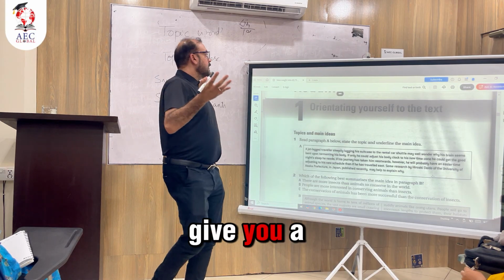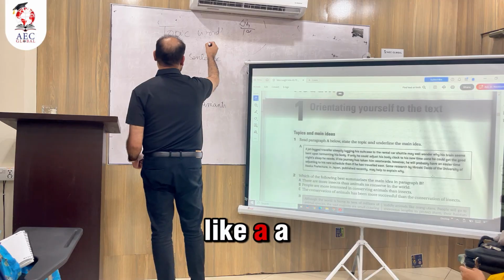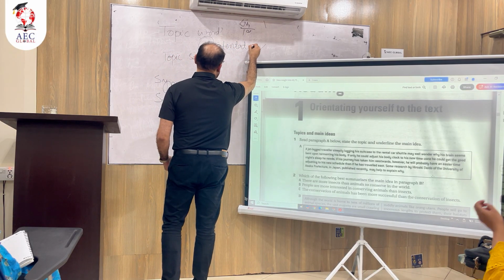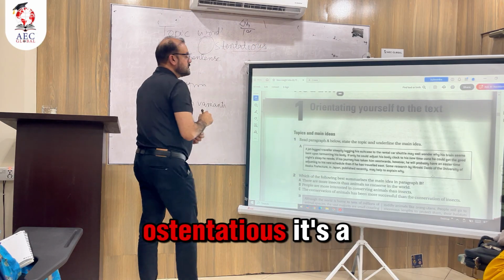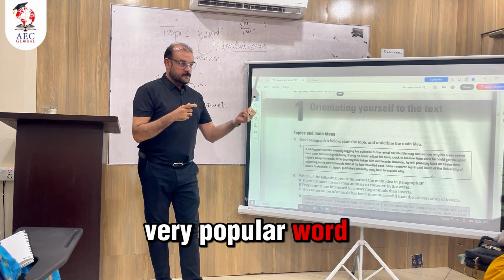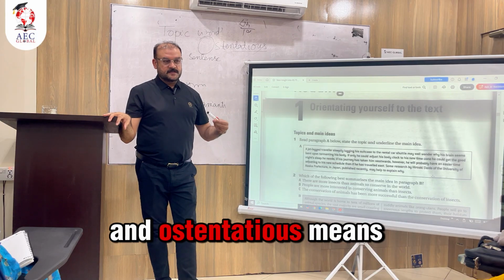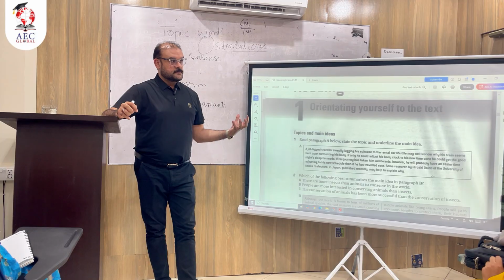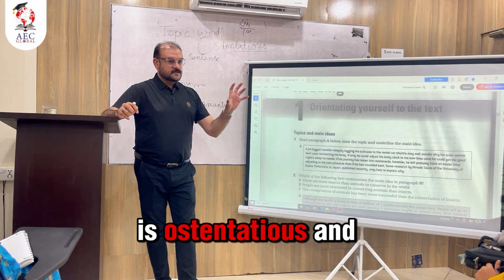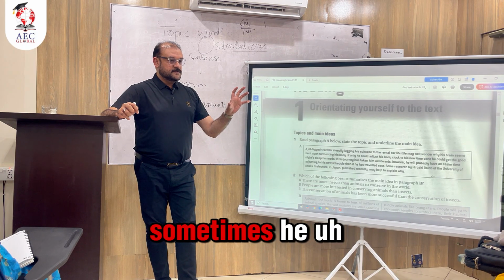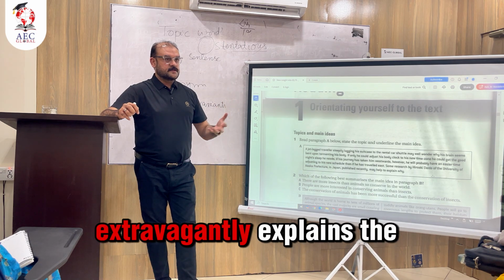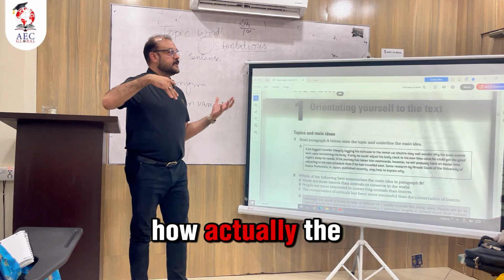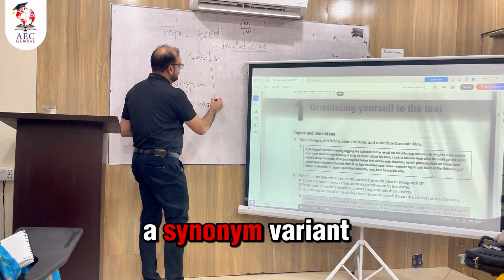I can give you one example, a word like ostentatious. It's a very popular word in literature. Ostentatious means that the person is showy. So his behavior is ostentatious, and sometimes he extravagantly explains things. How does the word ostentatious have a synonym variant?